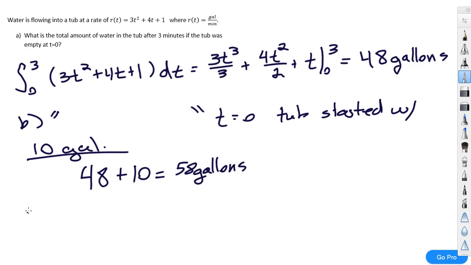So this leads us to a general formula, which is the big takeaway.